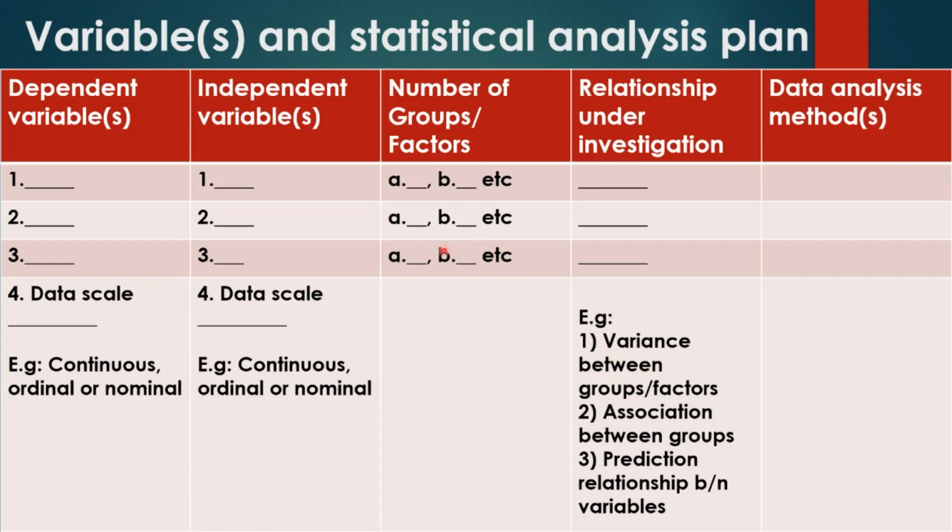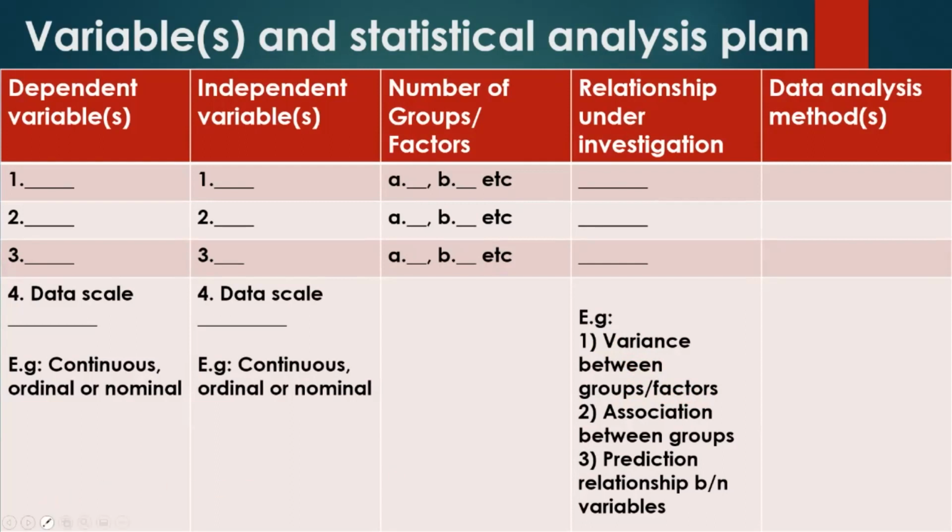If you have a research objective where one independent variable has groups, then you know that you're looking at variance between the groups or the factors. So it's very important to know whether your independent variable has got groups or factors, and the number of groups or factors is very critical.